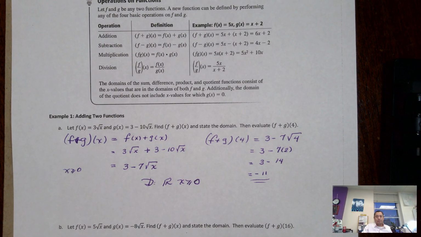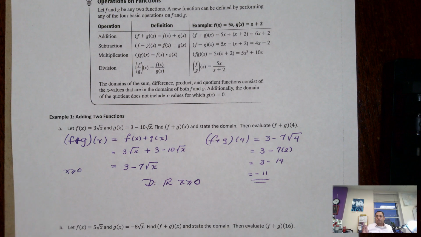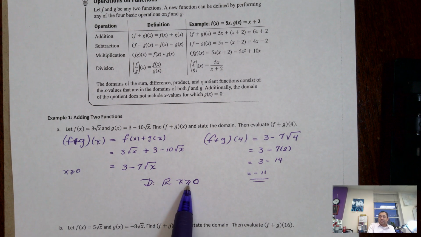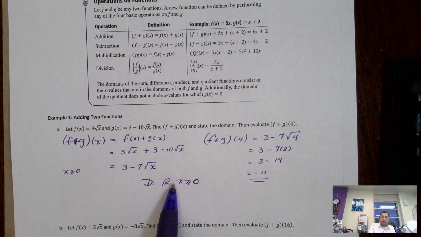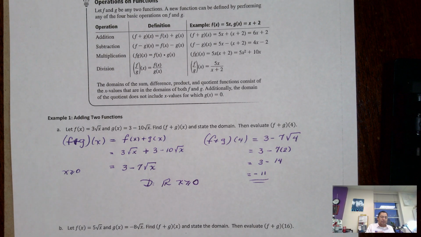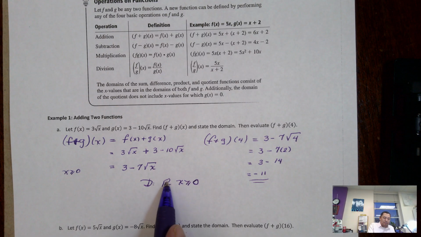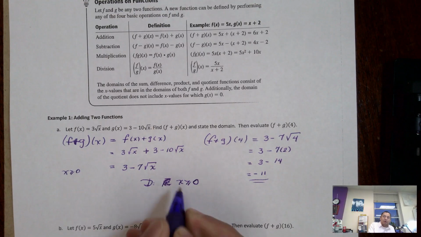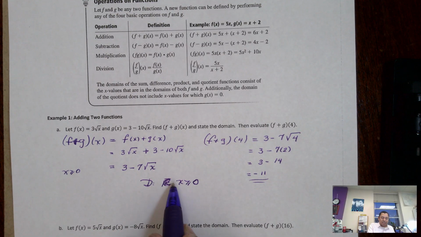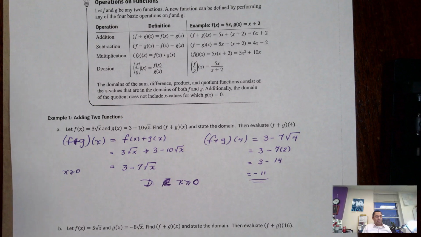The reason why we put x greater than or equal to 0 is that it's going to be all the positive numbers. We cannot have negative numbers, so I should be more specific with this one. So the domain is all positive real numbers, just leaving x greater than or equal to 0.